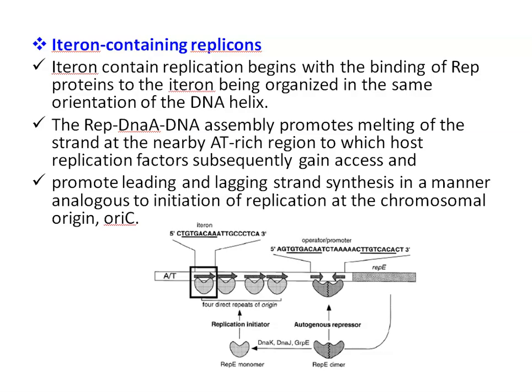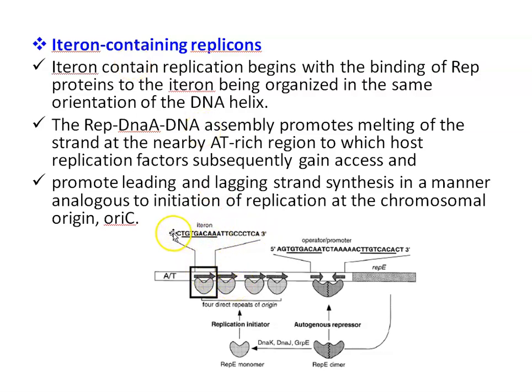However, the length of the adjacent AT-rich region and the number of iterons and DnaA boxes differ in each replicon. So, iteron-containing replication begins with the binding of rep protein to the iterons, organized in the same orientation along the DNA helix.